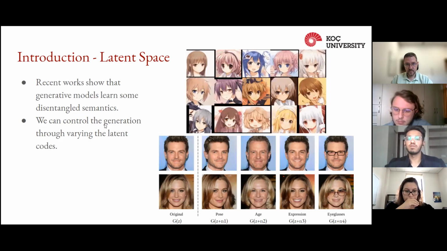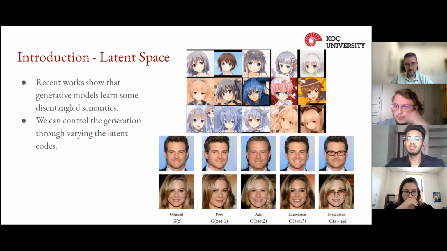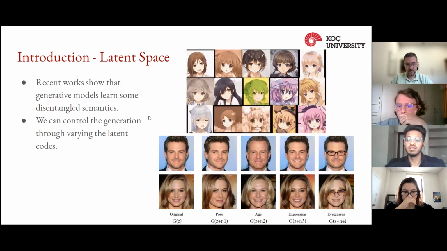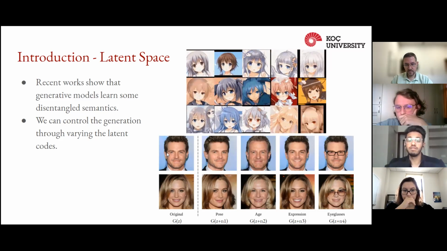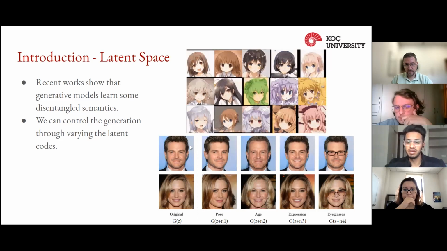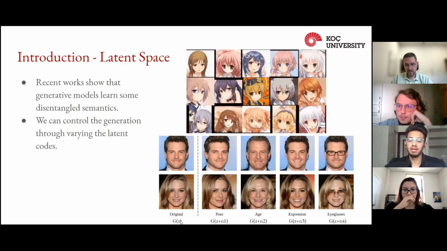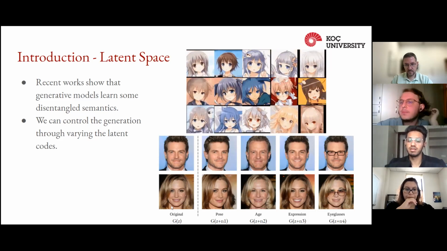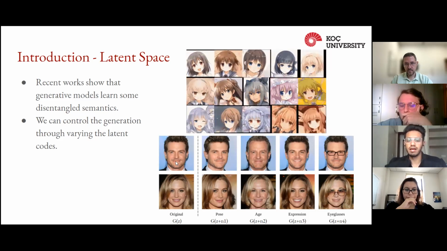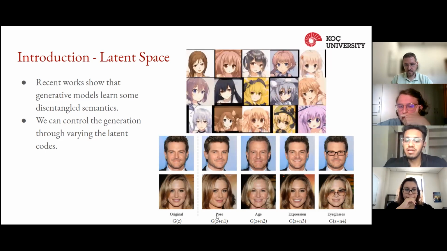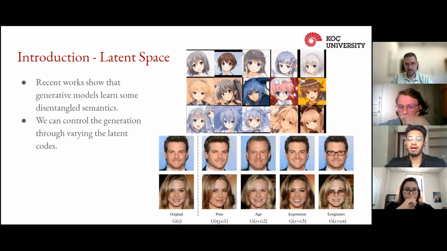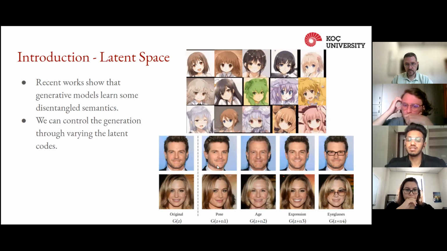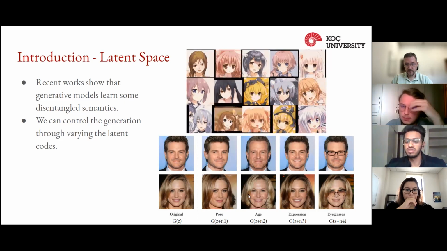This idea is really important in image manipulation. For example, if we take a look at this generation, we take a random latent code Z and generate an image using that. Now, if we traverse in a direction N1, it is associated with a pose change, and it changes the pose of both of these images.